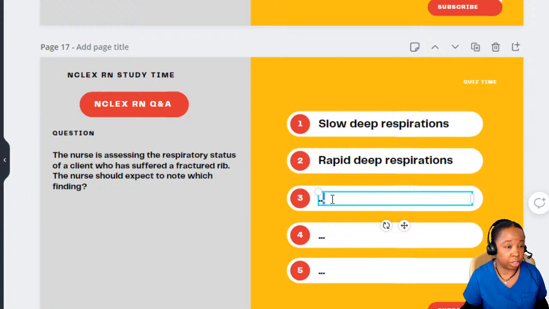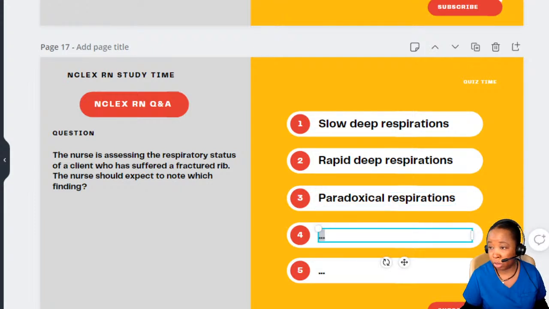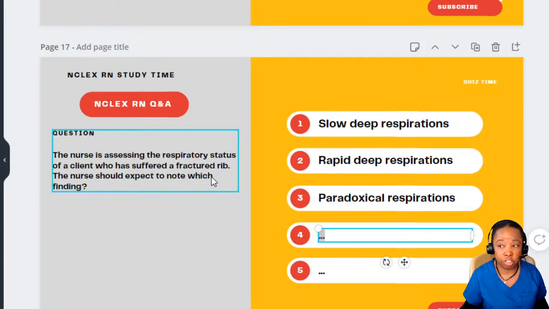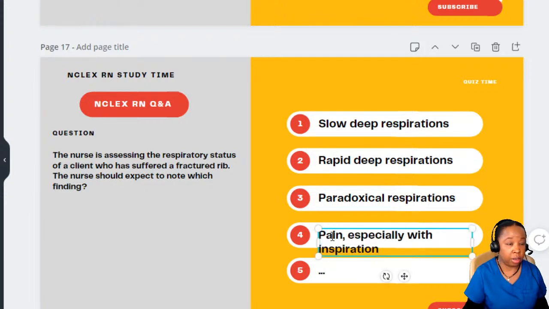Or what about the third one? Paradoxical respiration. This is an abnormal respiration also. And the fourth one says pain, especially with inspiration. You know, there's expiration and inspiration, right? Inspiration normally is breathing in.